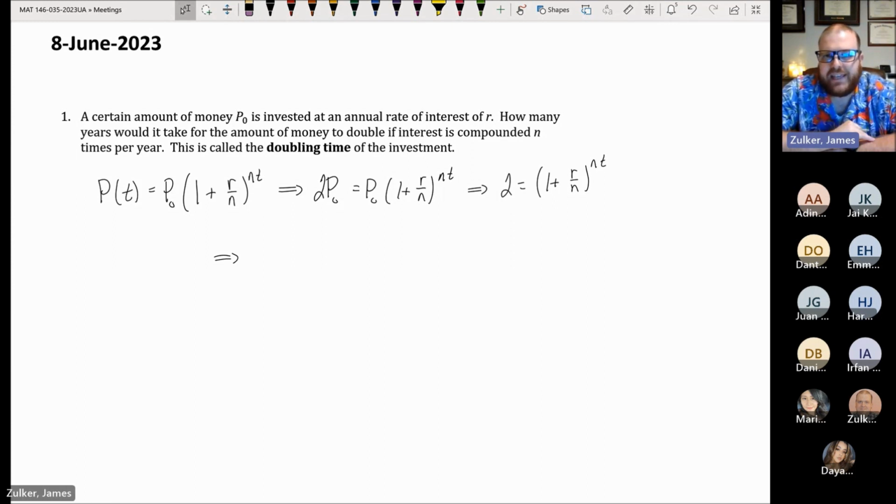Remember, we're trying to solve for t, right? So we have to isolate t. Well, isn't t in the exponent? Which says we have to take a log. Conventionally, it's a natural log we take.